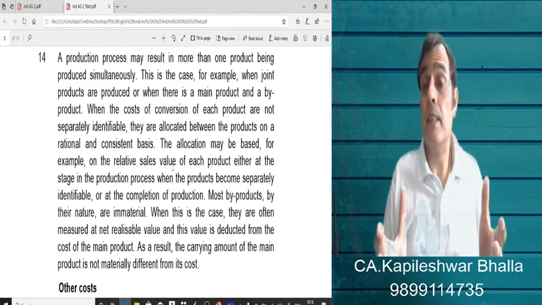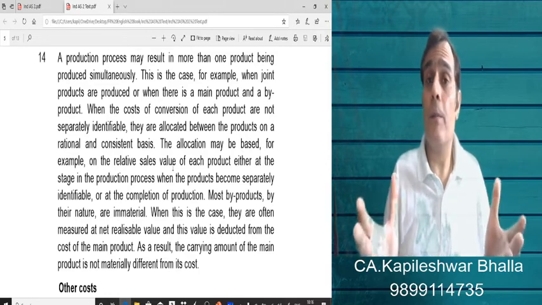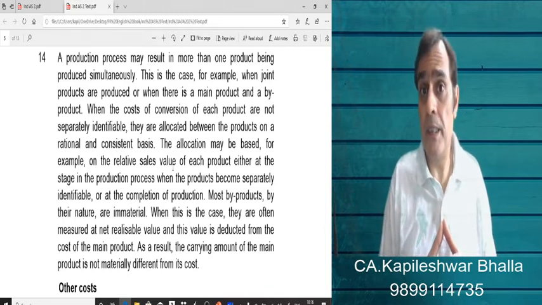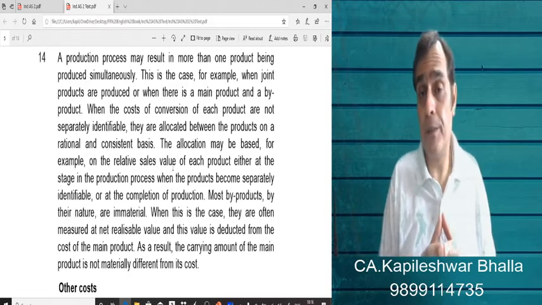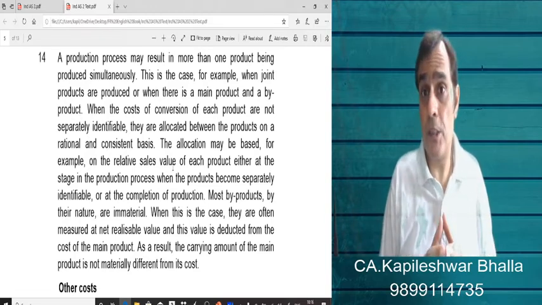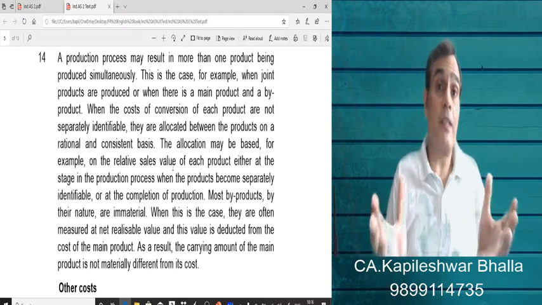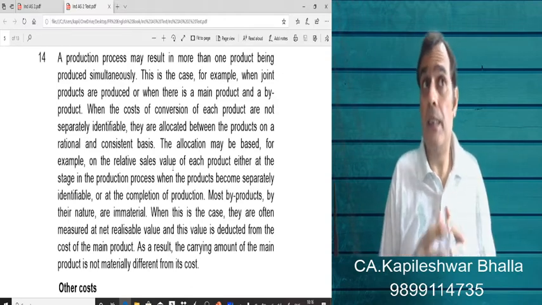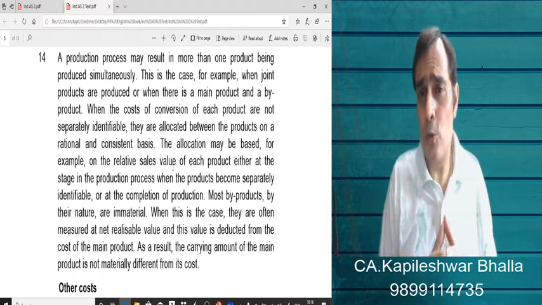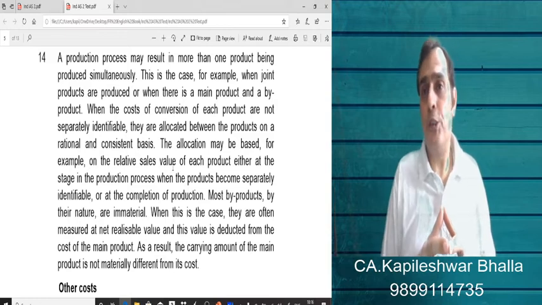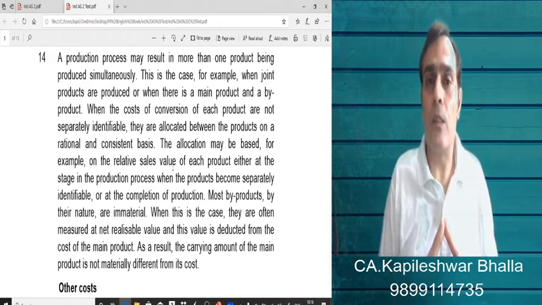Now, as you remember, in the intermediate, there were a couple of methods used for allocating the JPC, like the physical measurement method, the market price method, and the variations in the market price method, in terms of sales value at splitoff point, sales value after further processing, NRV, and the list goes on. But from the point of view of the examination for Ind AS 2, we will apply the concept of the sales value ratio.